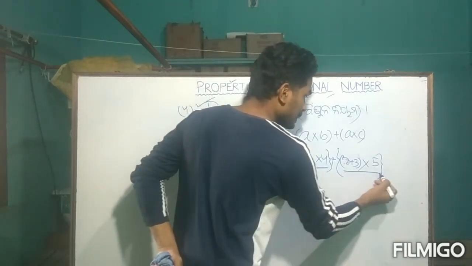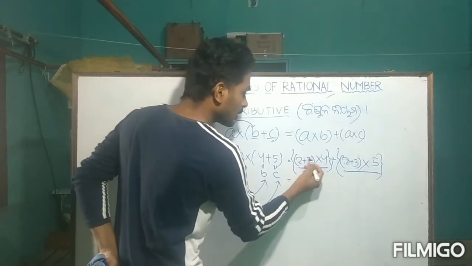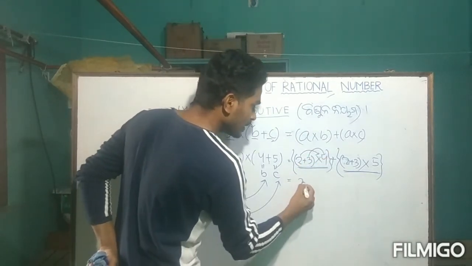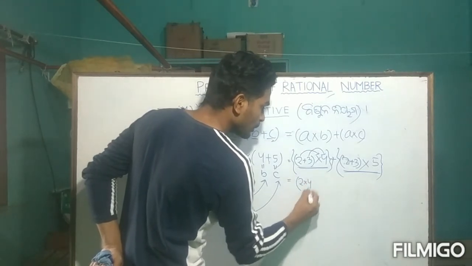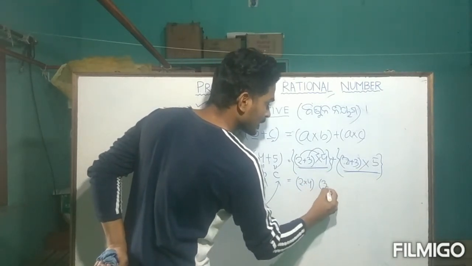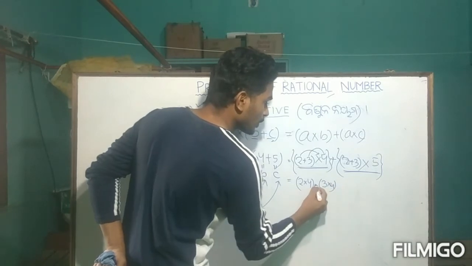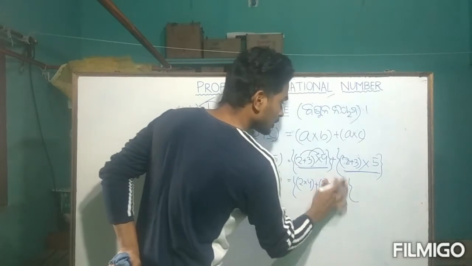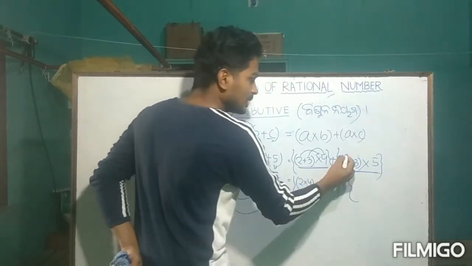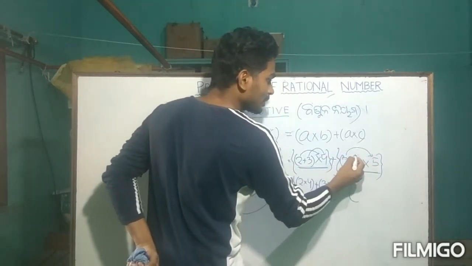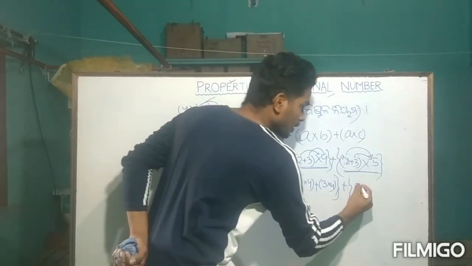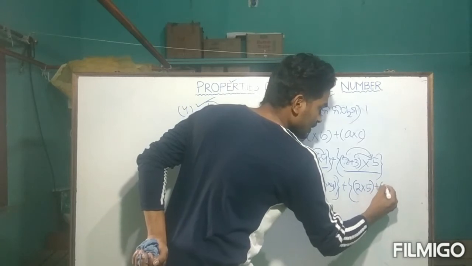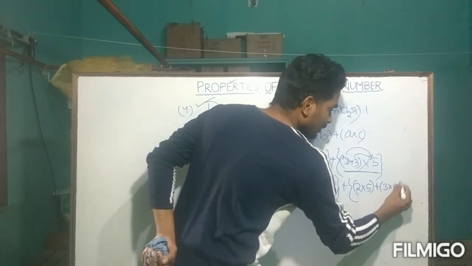Here also we have to use distributive law. How? Similarly, 2 into 4, 3 into 4, with a plus symbol in between. Then 2 into 5 plus 3 into 5.